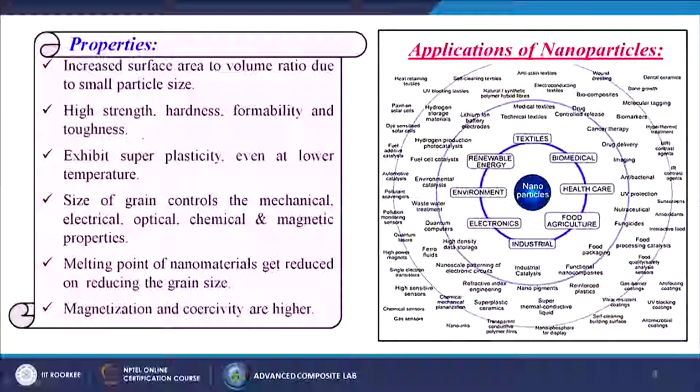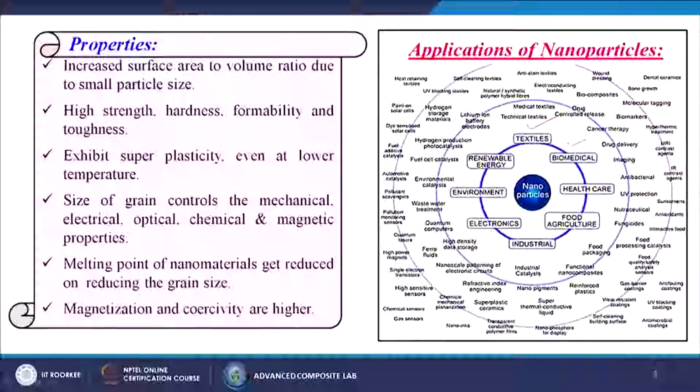On the right hand side you can see that we have jotted down the applications of nanomaterials. There is a huge number of applications where we are using these kinds of nanoparticles. In a broad way, we are using them in textile applications, biomedical, healthcare, food, agriculture, industrial, electronics, environment, and renewable energy, and then we can subdivide this broad list further.